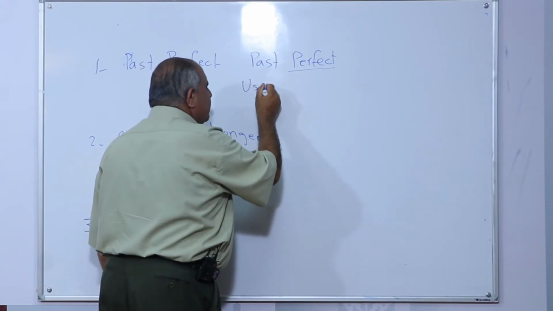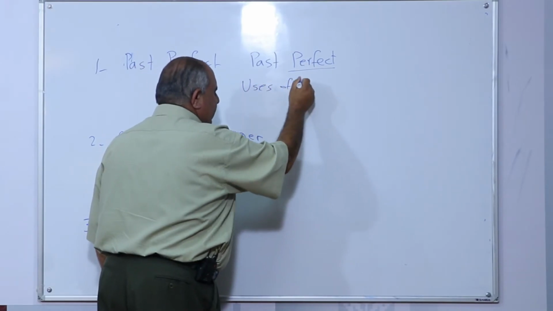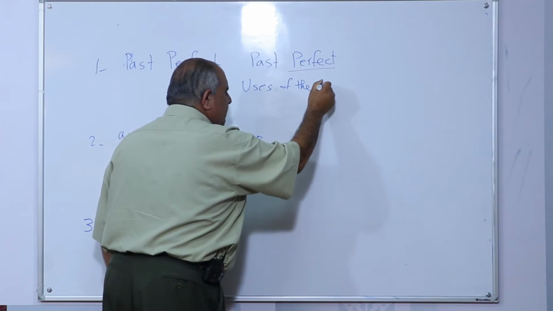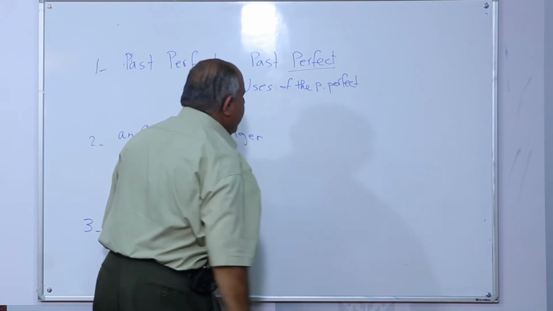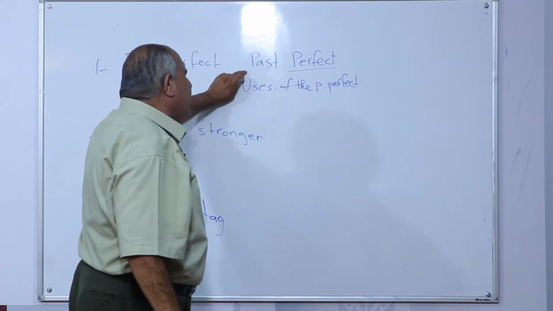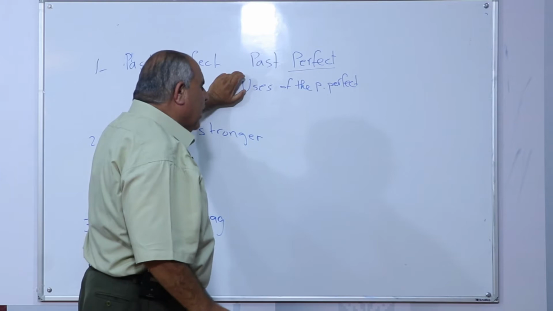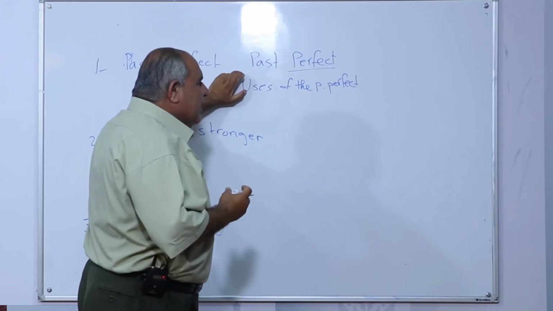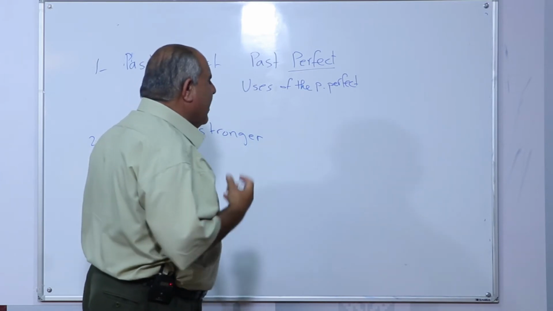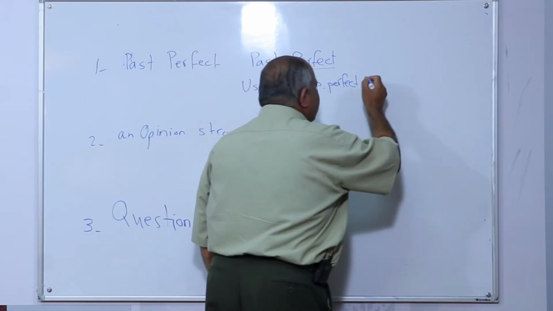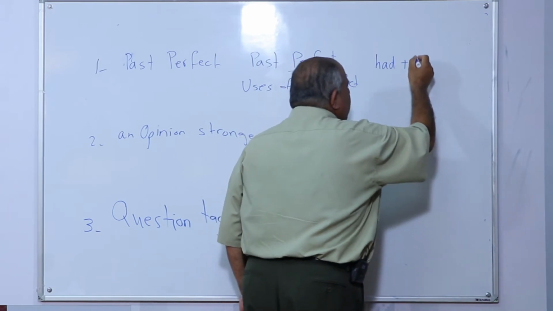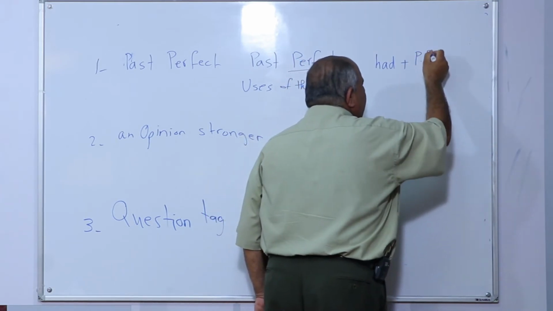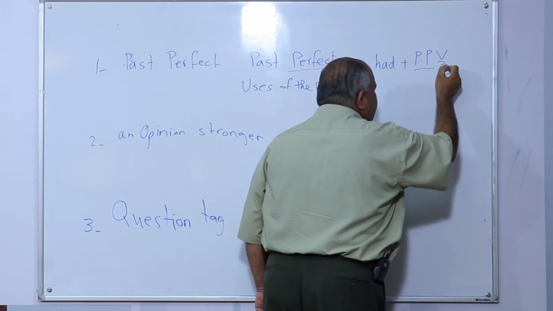Now, the uses of the past perfect. Before talking about the uses of the past perfect, I will only give the form and the shape of the past perfect. The past perfect is made up of had plus the past participle of the verb, which means the verb in the third declension.